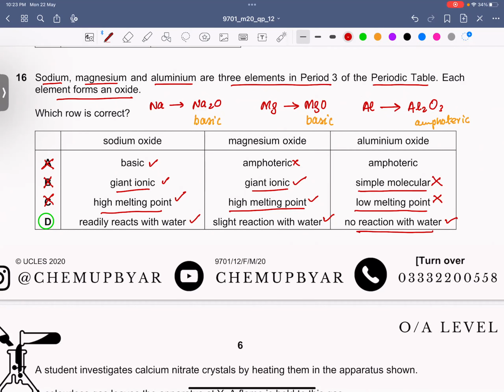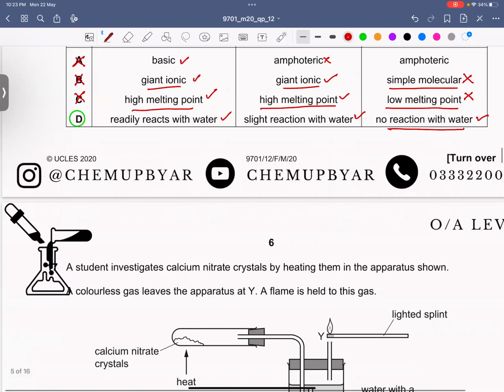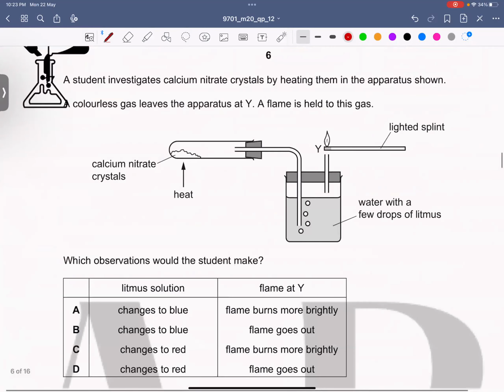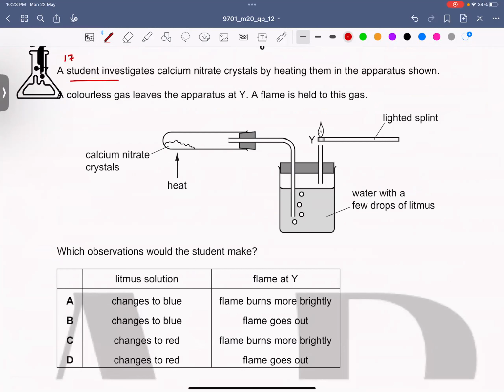Now question number 17. A student investigates calcium nitrate crystals by heating them in the apparatus shown. A colorless gas leaves the apparatus at Y. A flame is held to this gas.